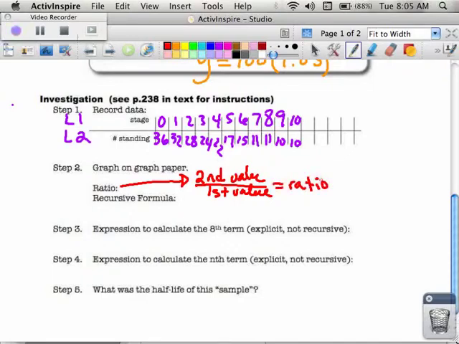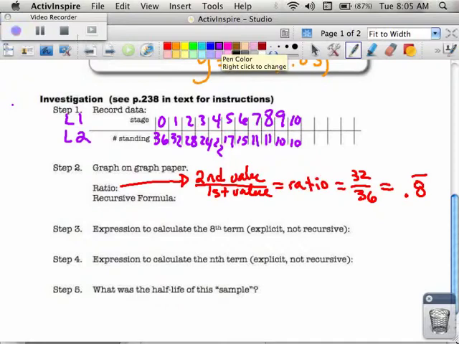So what we're going to do right now is calculate that by going 32 divided by 36. Check that out, what you get. 0.8 repeating. I could also try a different set of numbers, like for example, if I wasn't sure if that was the right one, I could also do the second divided by the first.